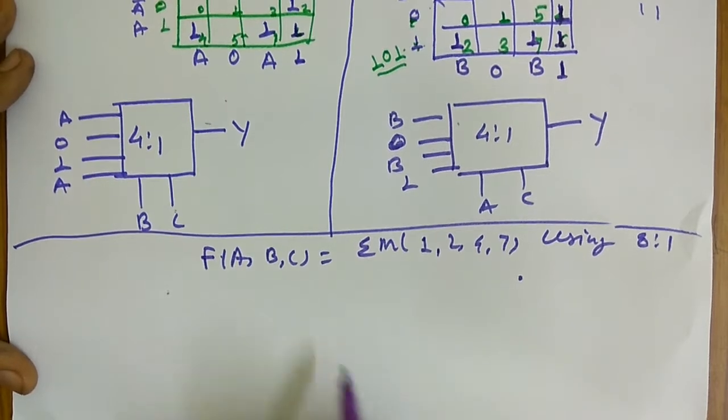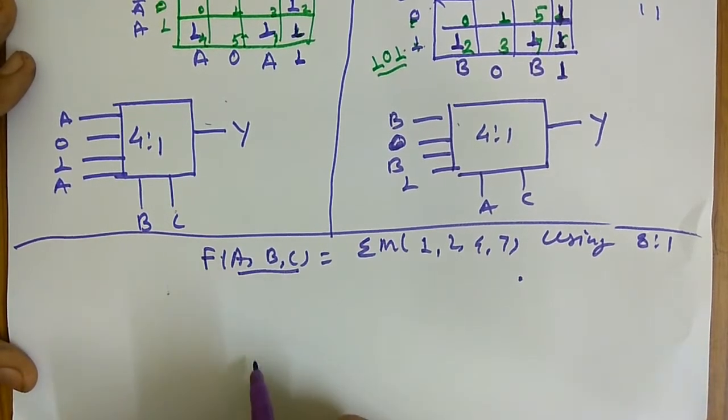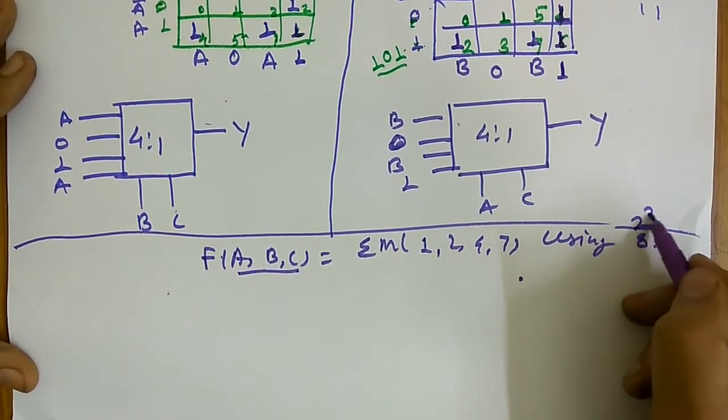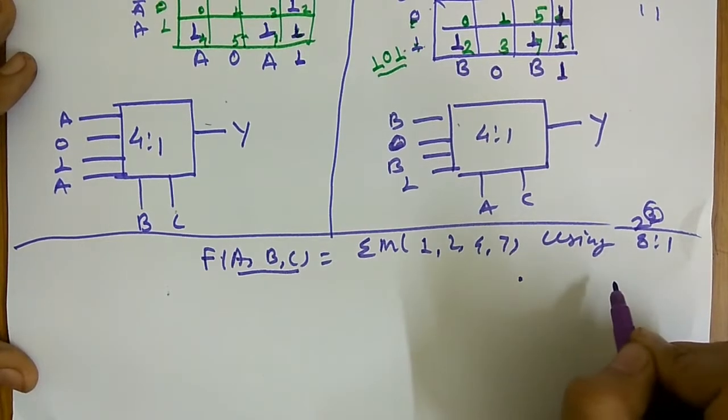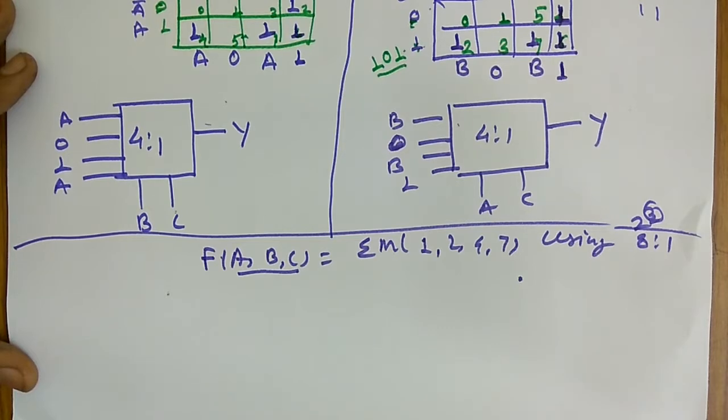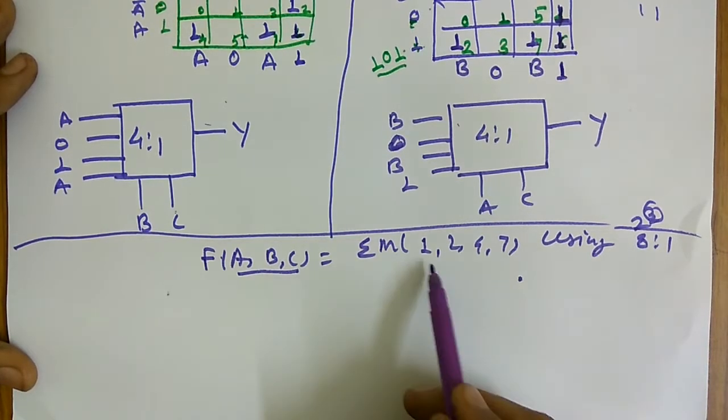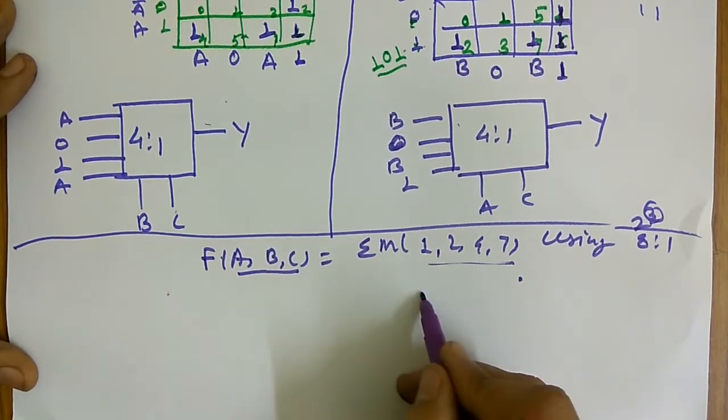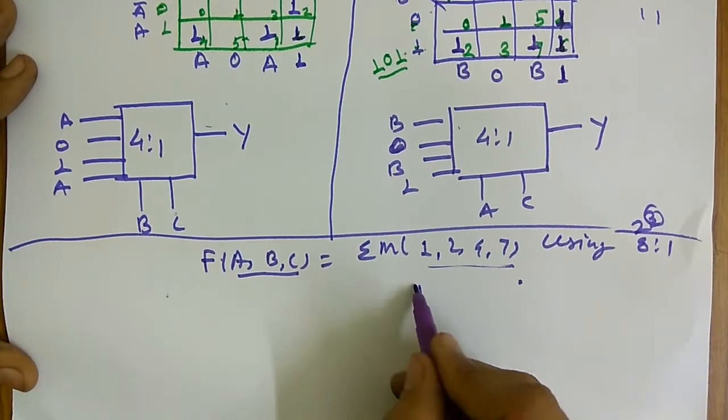Here we know that the variable is 3 and 2 to the power 3, so n value is also 3. What I have said is that you have to just copy these minterms into that mux. So I will show how you have to write this.